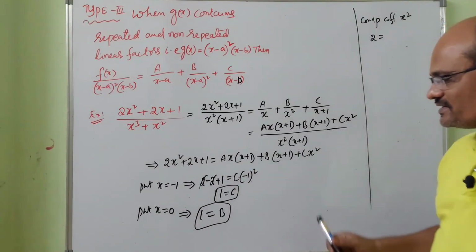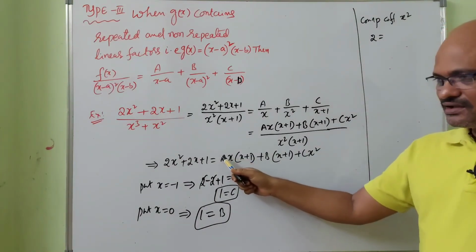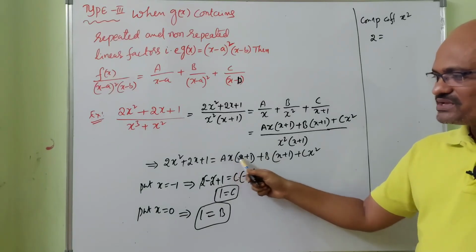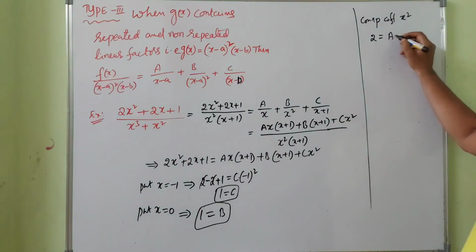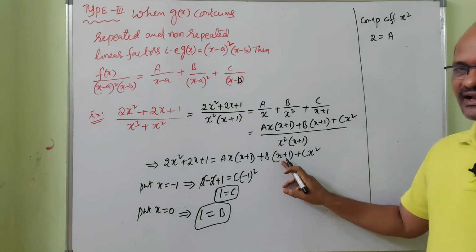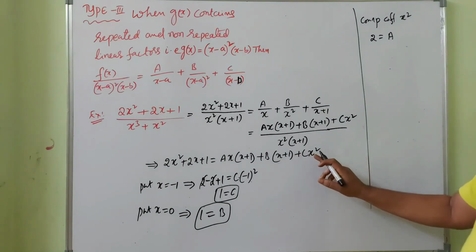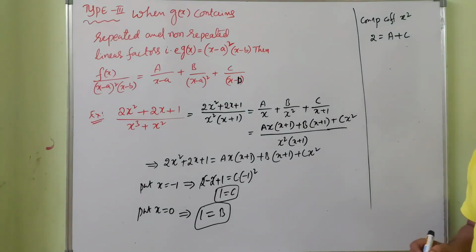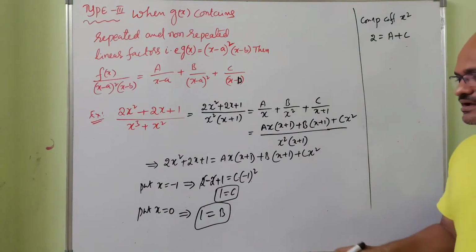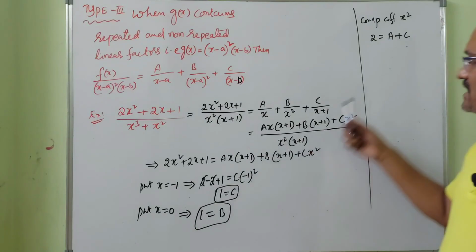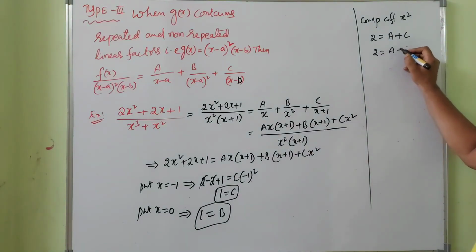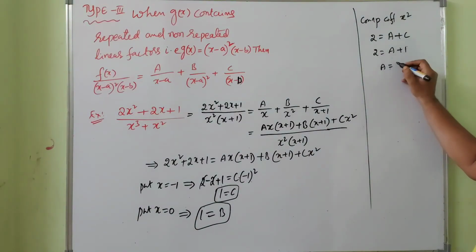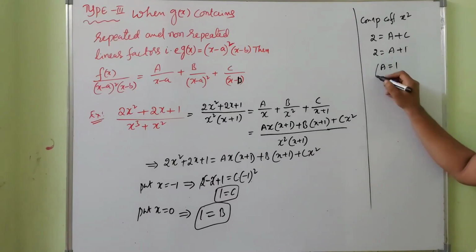On the right hand side, if you multiply out, the first term is Ax square, so the coefficient of x square is A, the second term has no x square, and the third term has Cx square. So A plus C is equal to 2. Now the C value we know is 1, so 2 is equal to A plus 1, that is, A is also 1.